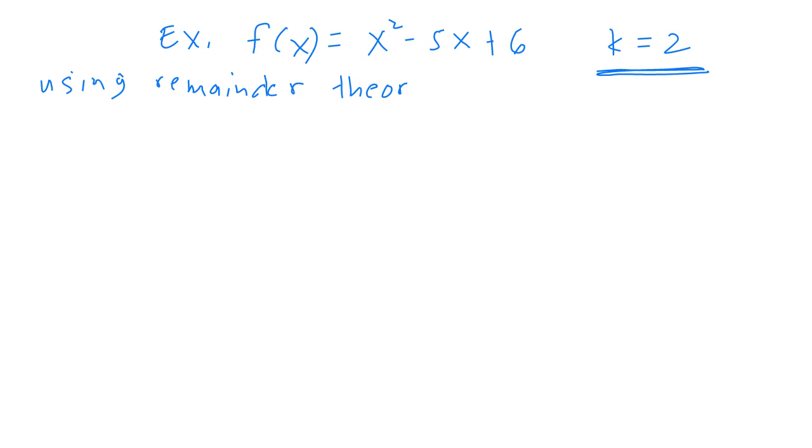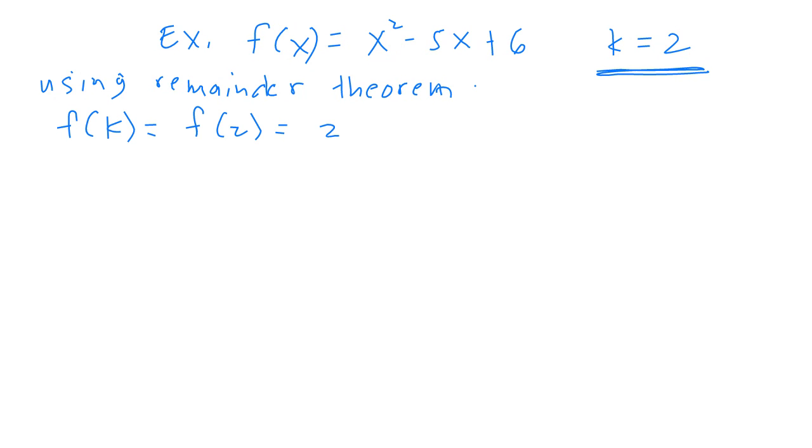So let's start with using the remainder theorem. Now here, we just want to know what would be our remainder. So that would be f of k. Our k is 2, that's f of 2. And then we plug in the values to the f of x.